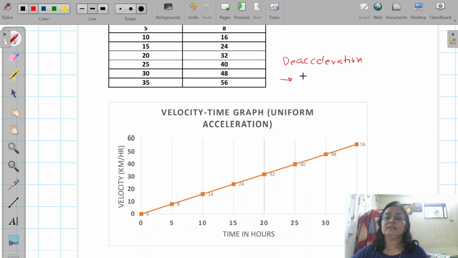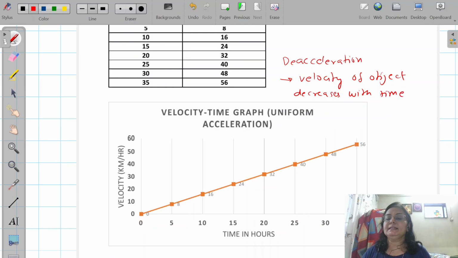So when the velocity of an object decreases with time, we say it is an example of deceleration.